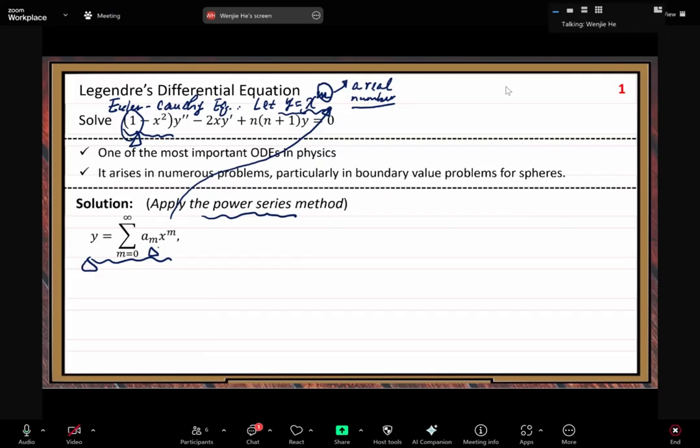But in our power series, the exponent in each term must be an integer, and a non-negative integer, because when we talk about power series, we do not allow the exponent of x to be negative. So from 0, 1, 2, 3 to infinity, no negatives.